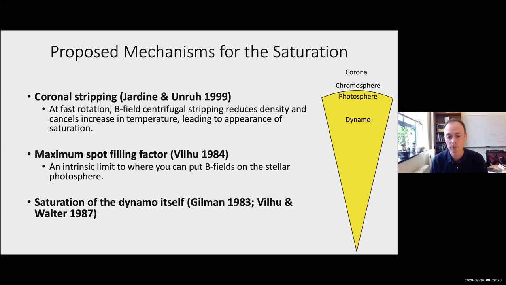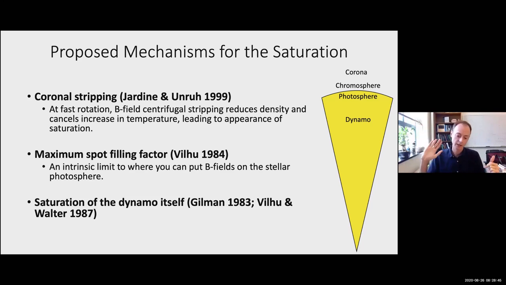So one of the original proposals was this idea of coronal stripping. So the idea here is that as you go to lower and lower Rossby numbers, your rotation period is getting lower and lower, spinning faster and faster relative to your convective turnover time. So your magnetic fields are getting stronger, which should result in a hotter chromosphere, or in this case corona, a hotter corona.